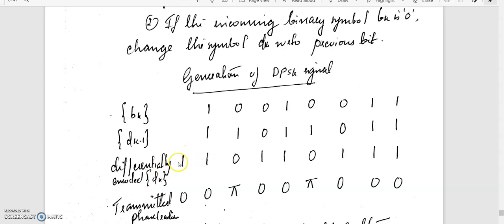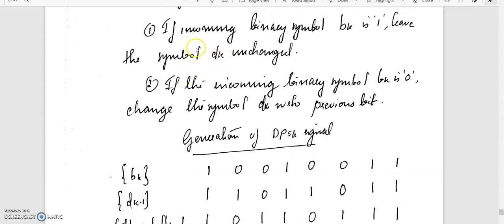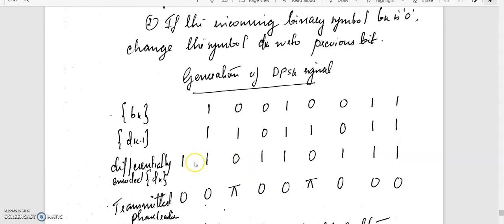So how you differentially encode the signal is: if the incoming binary signal bk is 1, you leave the symbol unchanged, and if the incoming binary signal bk is 0, you change the symbol with respect to the previous bit. This is the condition. Now, first I have the incoming signal 1. As I said, when the incoming signal is 1, you leave the symbol unchanged.